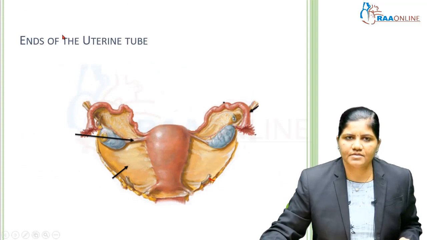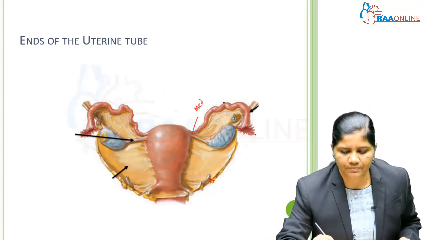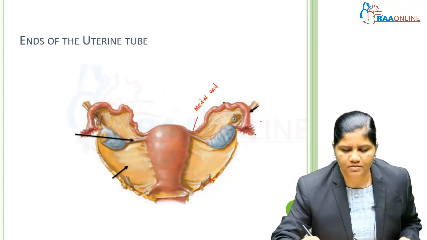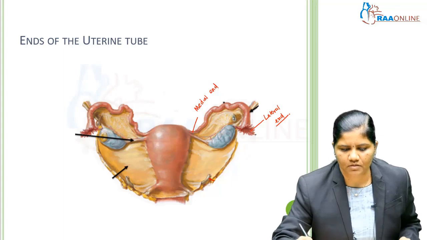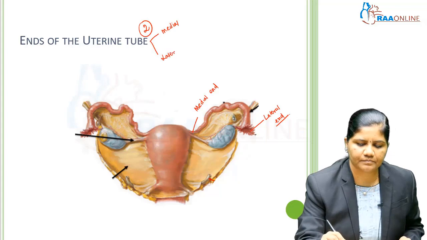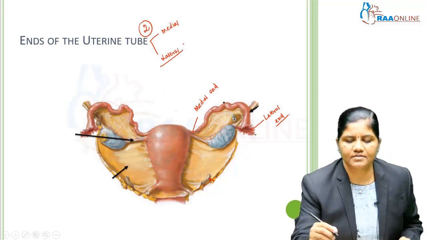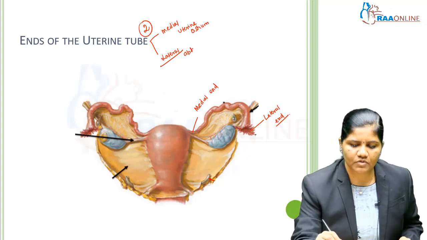The uterine tube has 2 ends and parts. This is the medial end, and this is the lateral end. The medial end is otherwise known as the uterine ostium, and the lateral end is otherwise known as the abdominal ostium.